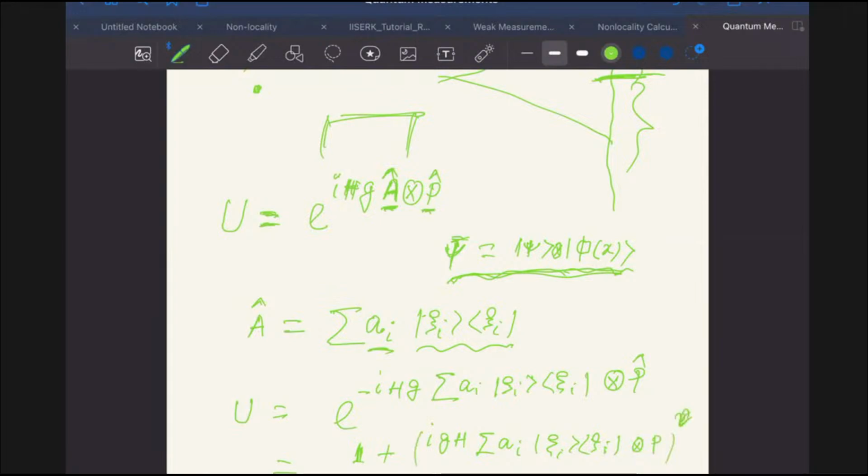So first one is 1, then the same term squared by factorial 2 and so on, right? I can write it like this.